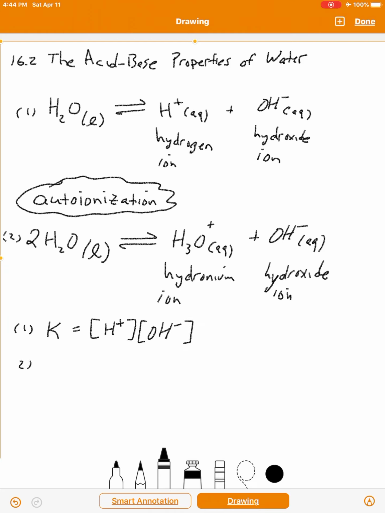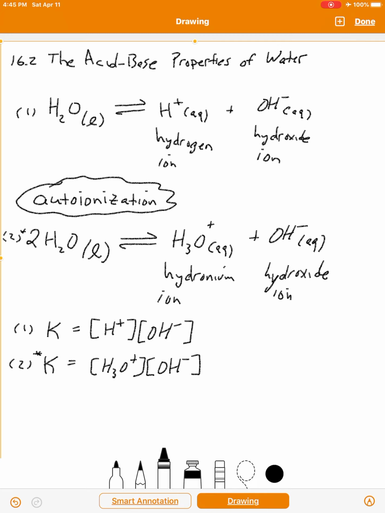If we wanted to do it for equation 2, it would be concentration of H3O plus times concentration of OH minus. Hydrogen ion concentration times hydroxide ion concentration, or hydronium ion concentration times hydroxide concentration. What you'll find is that in this chapter and the next, this expression for K will be more common. So equation 2 is the one that we'll use more often.